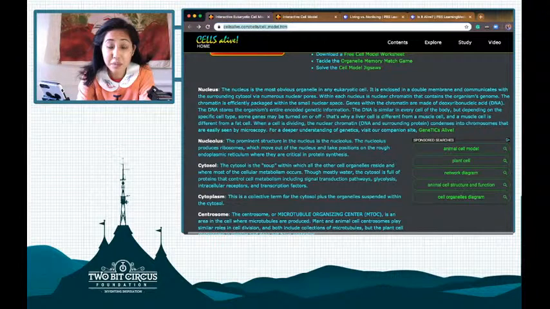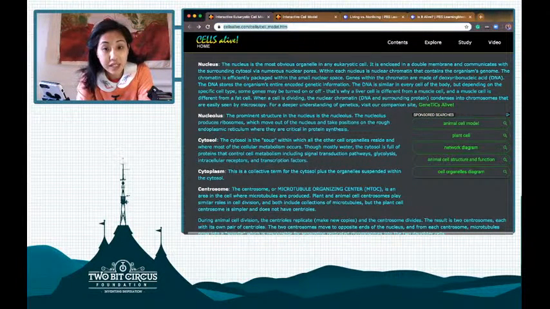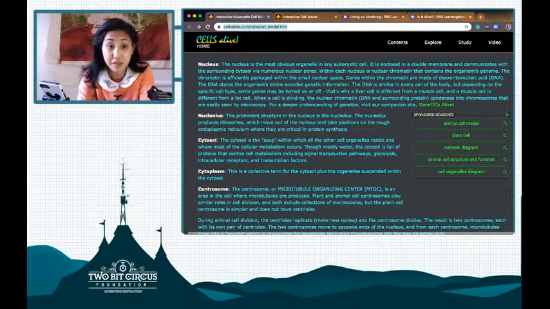It's enclosed in that double membrane, and it also has numerous nuclear pores, as it says there. The nucleolus, which is that darker purple spot inside of it, is the prominent structure of the nucleus. This is where the ribosomes move in and out of the nucleus and take positions on the endoplasmic reticulum, where they are absolutely critical in protein synthesis. All of us need protein. We do.